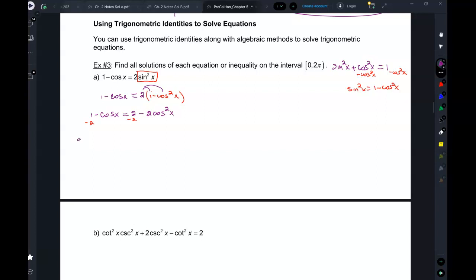So I'm going to have 2 cosine squared x minus cosine x minus 1 equal to 0. Okay, let me write that cleaner.